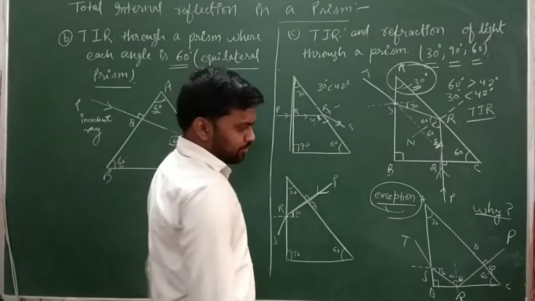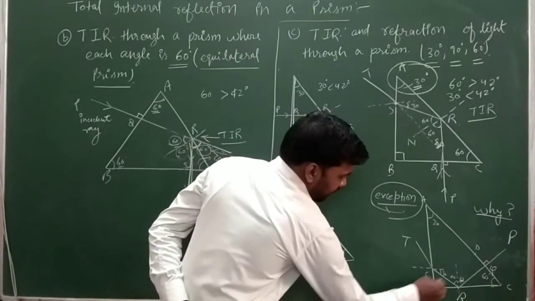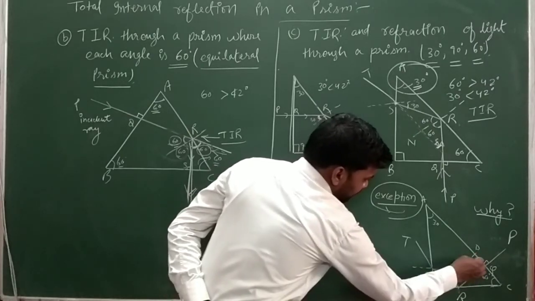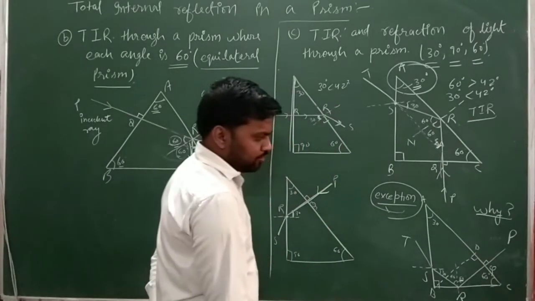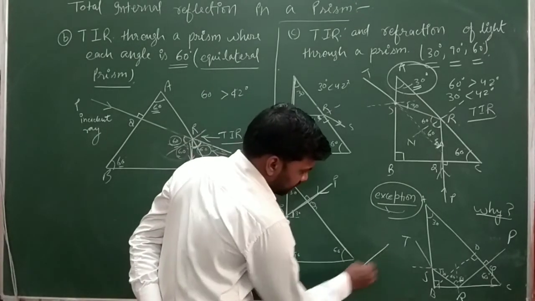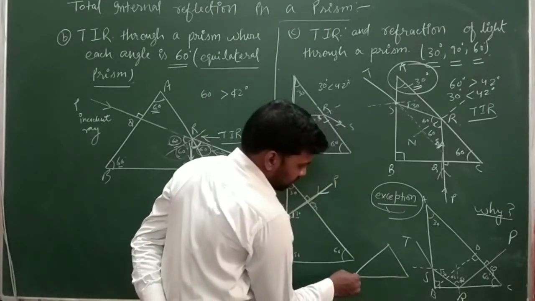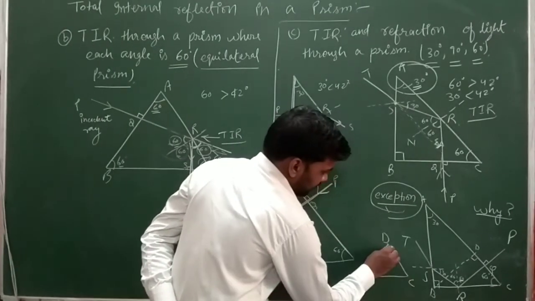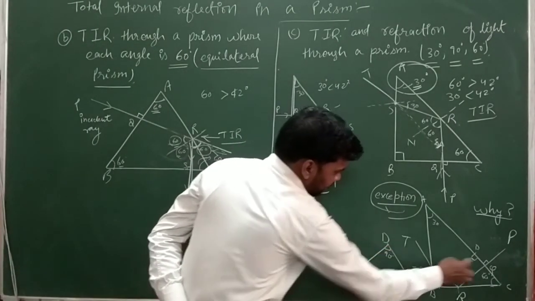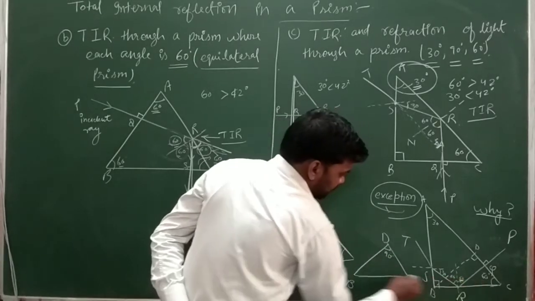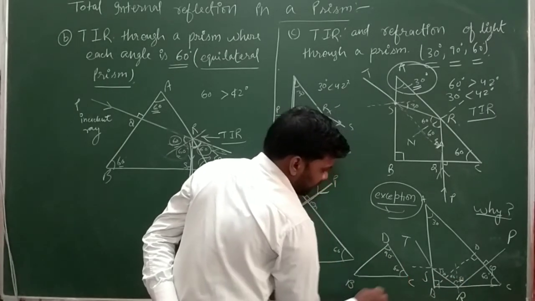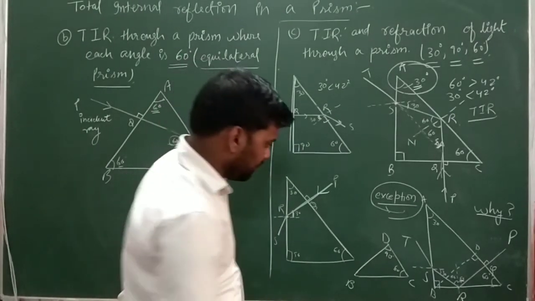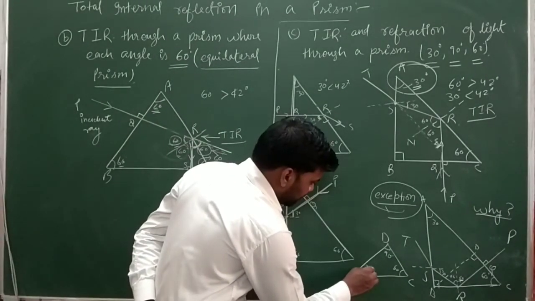Okay, so let us see that if we draw a perpendicular from point B, that is a 90 degree angle, we can see that BDC is 90 degree, this one is 90 degree, this one is 60 degree. So 90 and 60 make 150, and the remaining angle will be 30 degree.